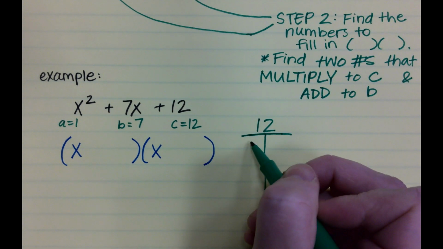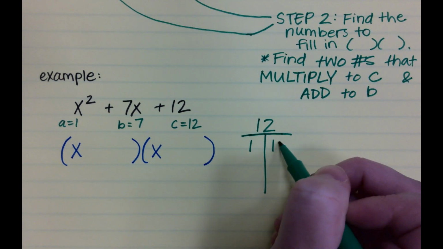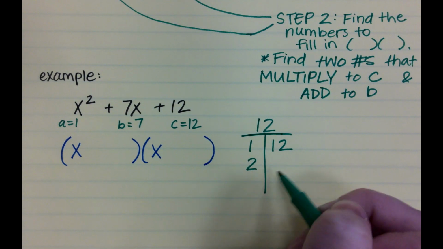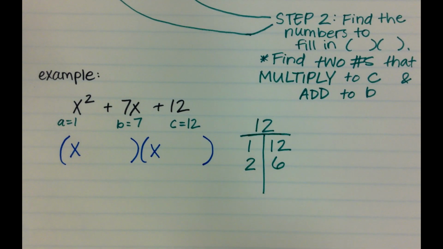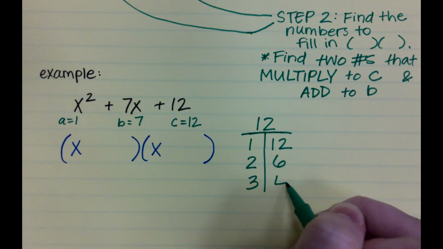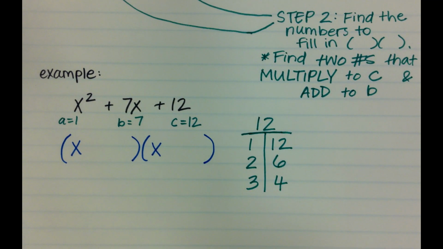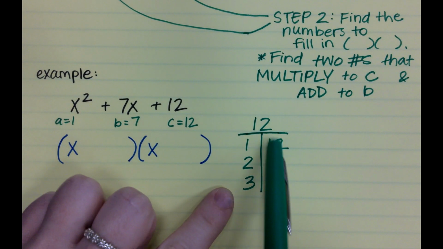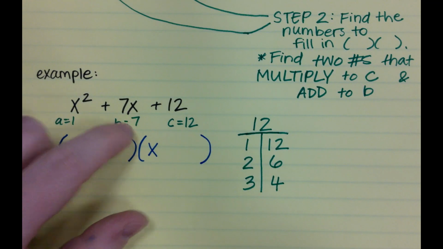I can multiply 1 times 12 to get 12. I can multiply 2 times 6 to get 12. And 3 times 4. Good. All right, so I've got my factors. So done with that part. I needed to find numbers that multiply to C. Here's my numbers that multiply to C, or 12.